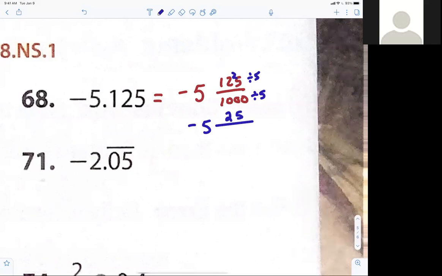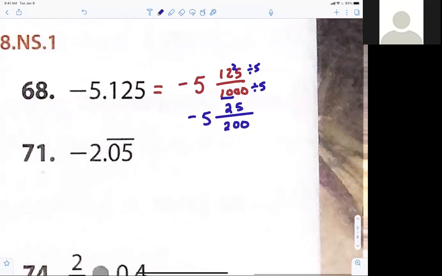Perfect. And now 5 goes into 10 twice, with how many zeros? 2. Yes. Okay, continue on. What do I need to do now? So then you have to divide by 5 again. Right. So 5 over 40. That's right. And now you can divide again. Yes, so 1 over 8.